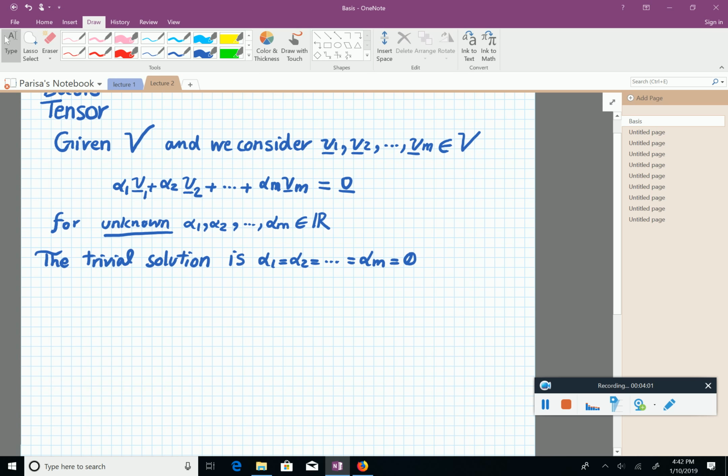Now, what if the trivial solution is the only solution? If you search for any other number combination and you don't find anything else, if this is the only solution, what do we call this collection of vectors, this subset of vector space?